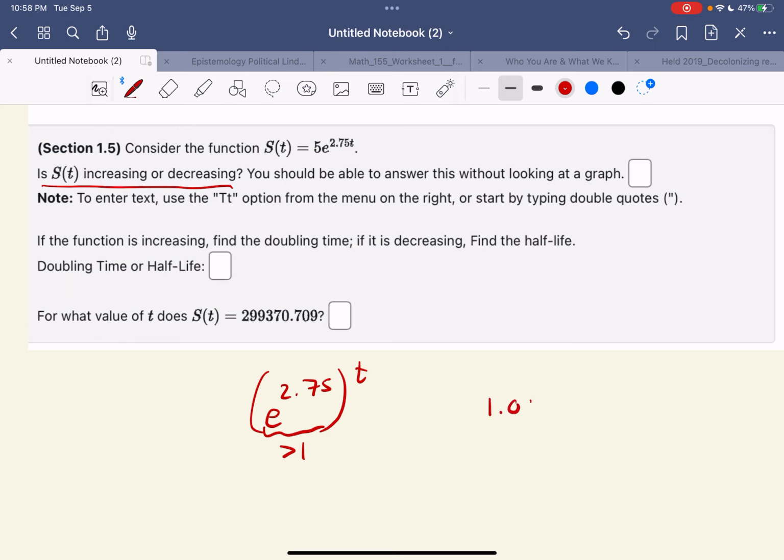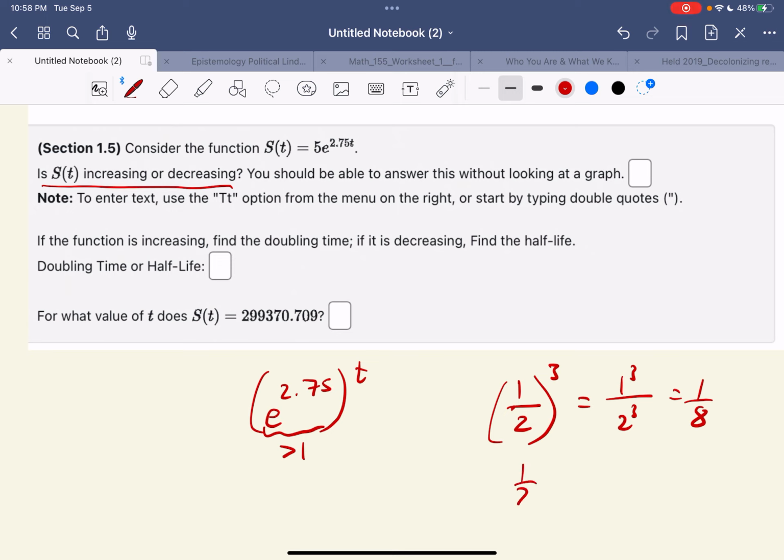I'll use 1.001. If you start to raise this to bigger and bigger powers, so like 2, and then 4, and then 8, and so on, it's going to blow up. It's going to head to infinity, okay? Whereas, if you take a number that's less than 1, like a half, and raise it to bigger and bigger powers, the 1 up top stays the same, 2 cubed, this is 1/8.